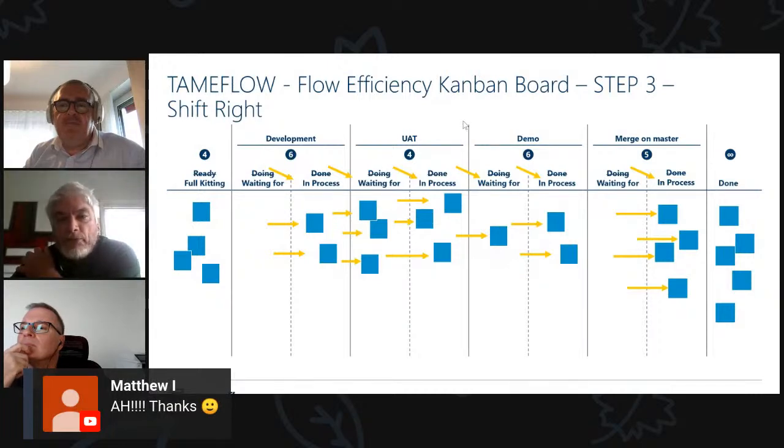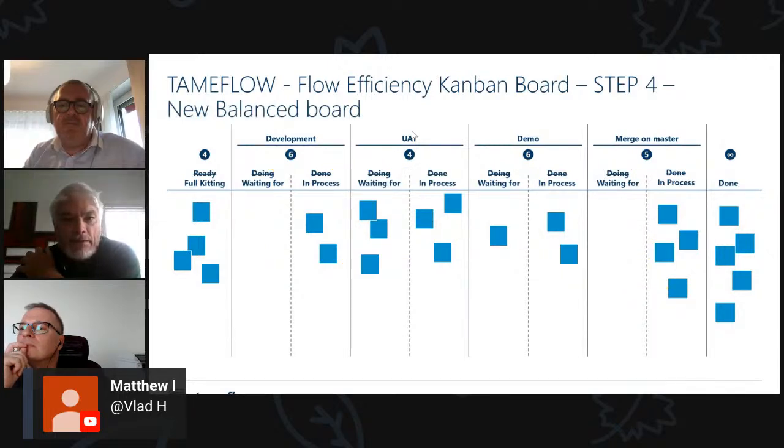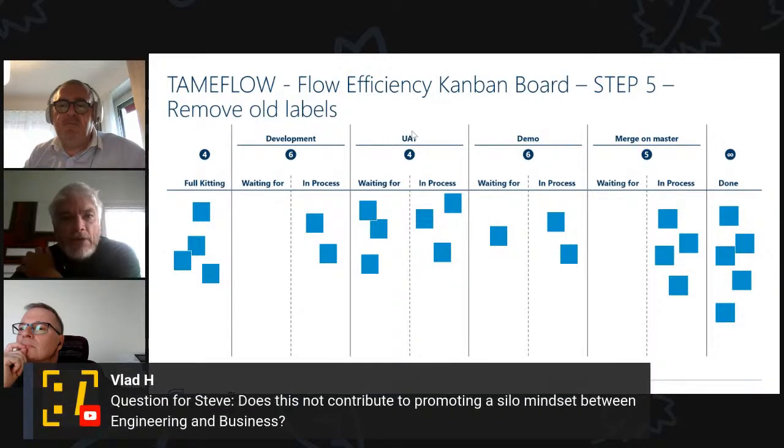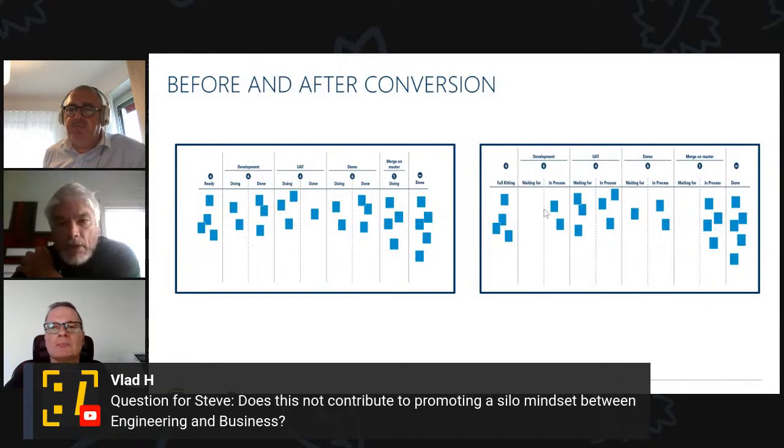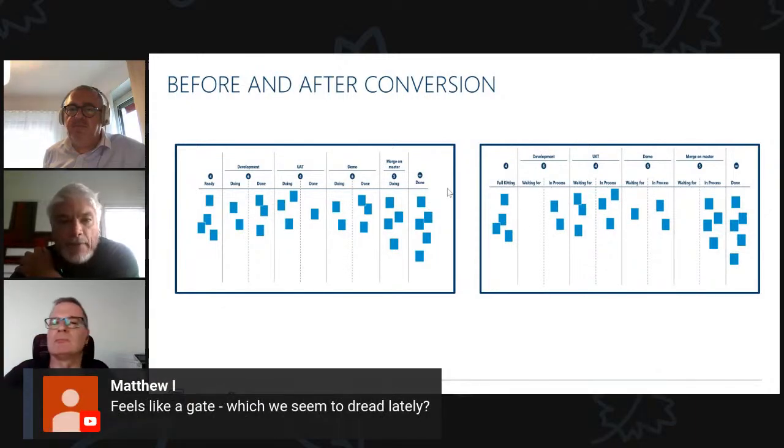This is a simple transformation, and you just shift everything one step to the right. Then you rename the columns, you get rid of the old label, and the before and after transformation is shown here.